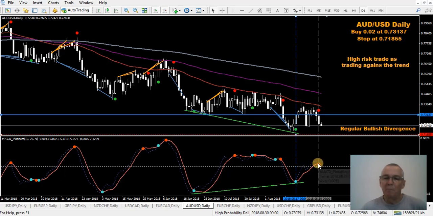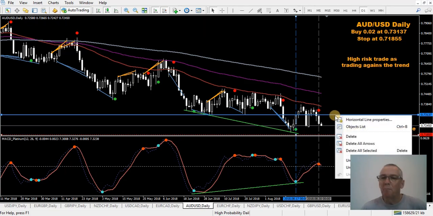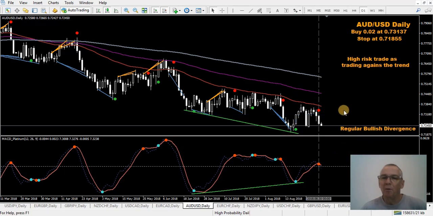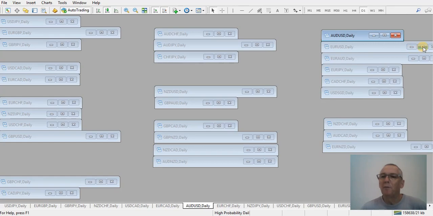The MACD platinum is just above the zero level. I'm not going to risk it. If divergence holds and I get another buy signal, then I can take it. But at the moment, that buy was closed for a loss. I think it's only about 52 pips, so not a big thing on the daily charts. That's Aussie buy, no longer with us.